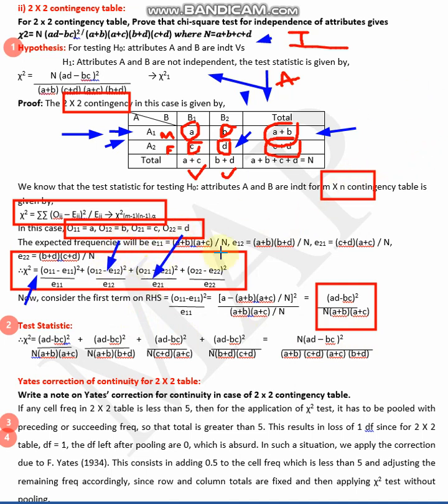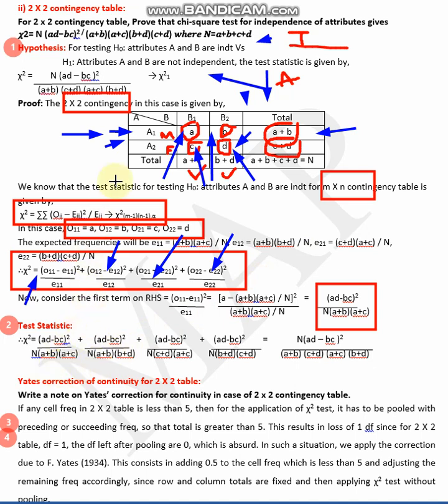For each value, we need to calculate the expected value. This is my observed value; the observed value is A, and I need to calculate the expected value of A. I need to calculate the expected value of B, the expected value of C, and the fourth one is the expected value of D. All these values we have calculated. The only difference is in the denominator.